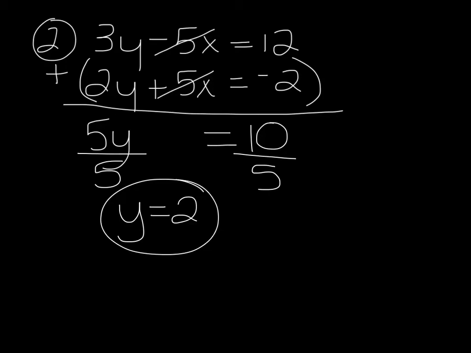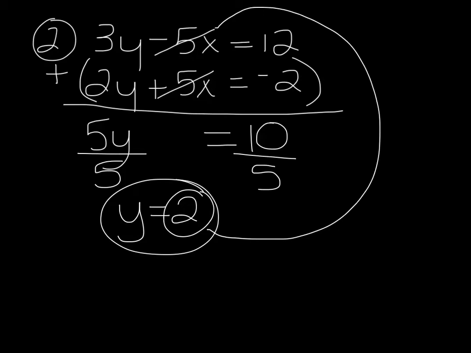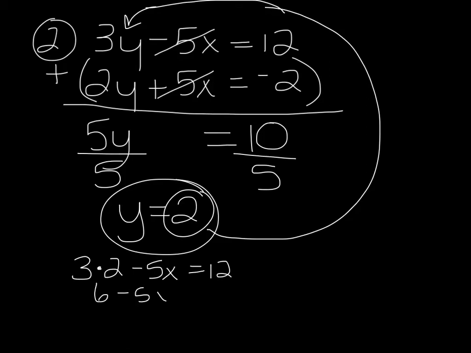Now it's substitution, so we're going to take 2 and substitute it back in for y. Now we have the equation 3 times 2 minus 5x equals 12. 6 minus 5x equals 12.